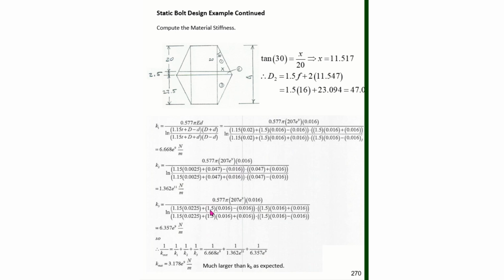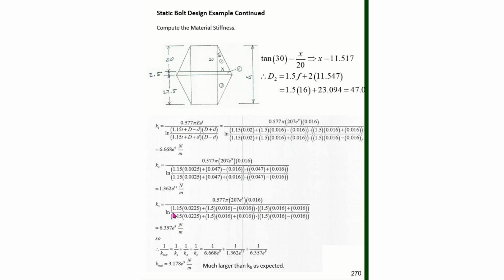Now when I go to compute K3, K3 now is bounded by this side. The smallest edge of this cone is this bottom side, and this is the side that's next to the nut. So again, this is 1.5 little d, and the thickness of this portion is 22.5.